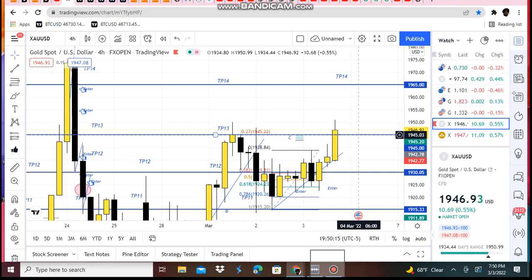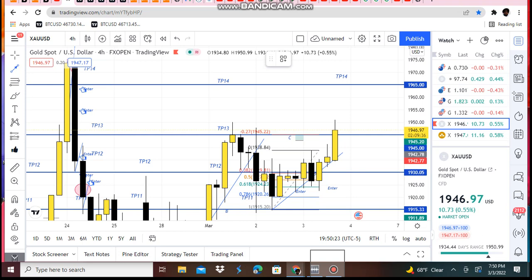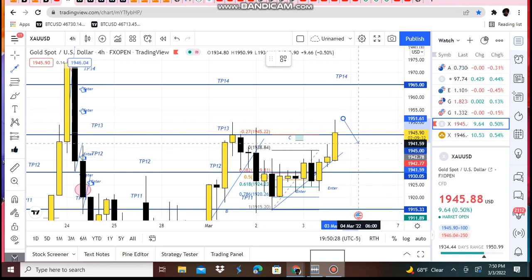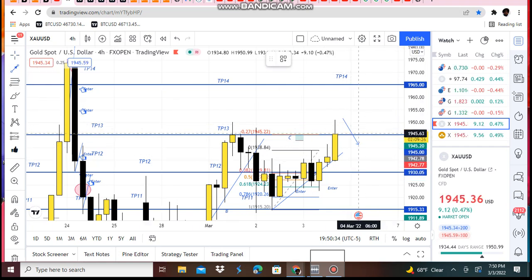If price makes a higher low, it should do something like this. Price should make a higher low from here, then break back below take profit 13 before making a higher high, basically all the way up to take profit 14.